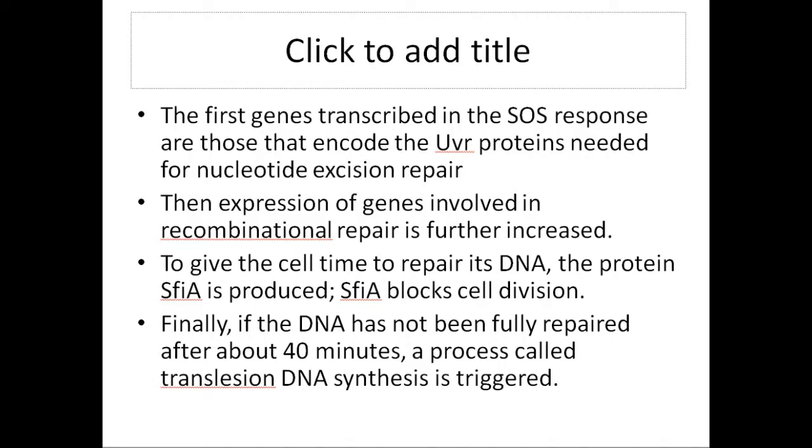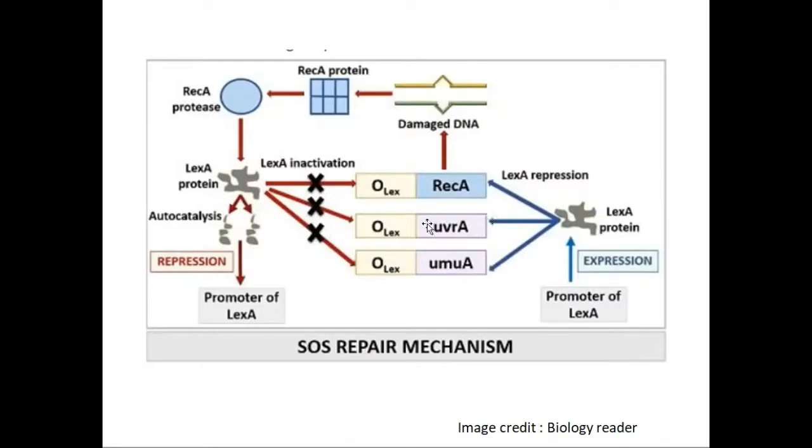So in the first response, the Uvr genes are triggered as a part of the SOS response, and they are mainly responsible for nucleotide excision repair. After that, more RecA is produced once the SOS response is initiated, and that results in recombinational repair.